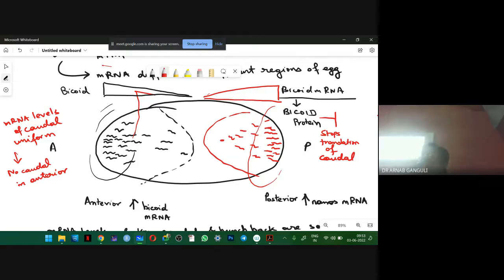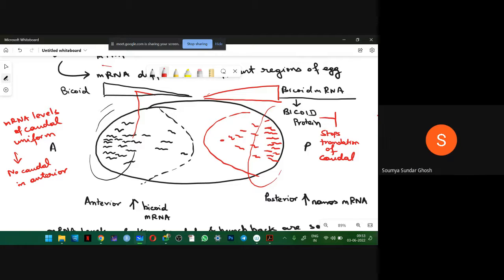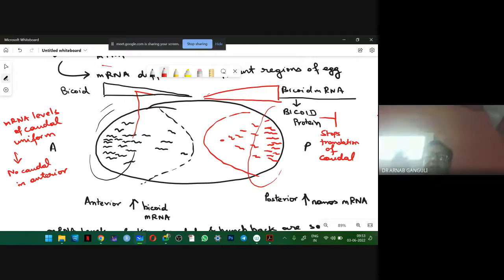Yes, because there is a lot of bicoid protein, they are stopping caudal translation. Although the mRNA is uniform, these caudal messenger mRNA at the anterior end are blocked. Their translation is blocked. So there is no caudal in the anterior.